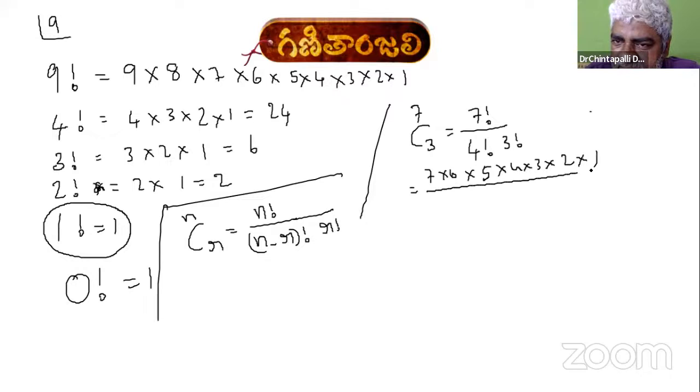Denominator is 4 factorial, which means 4 times 3 times 2 times 1, into 3 factorial, which means 3 times 2 times 1.